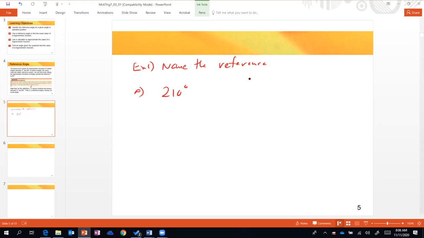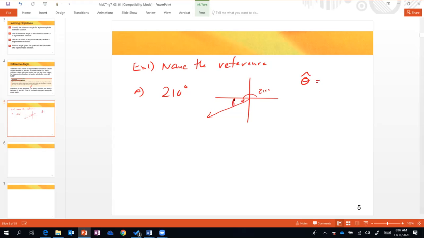And so as we draw it out, we go like this. 210 is going to be, let's see, that's going to be 90. That's going to be 180. So it's going to be about right over here. Here's my angle 210. And the reference angle is going to be this little guy right here.